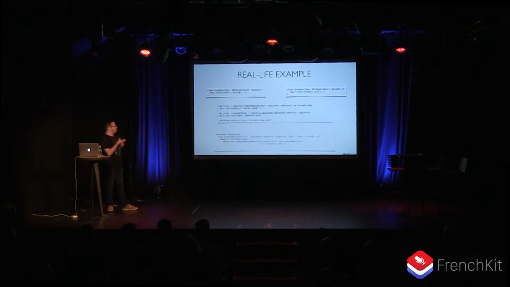So I don't know about you, but if you look at what it looks like at the call site, it's now kind of beautiful, because now you don't have a hard-coded string, you don't have to provide a constant for your reusable identifier. You have type safety there. You have auto-completion.